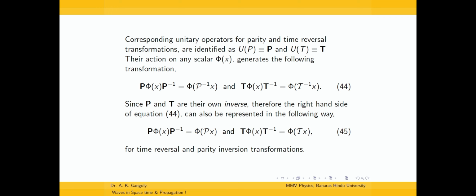What we have not covered, but can be done easily, says that if we operate the parity inversion operation on the spatial part of an object twice, what we should get back is identity.